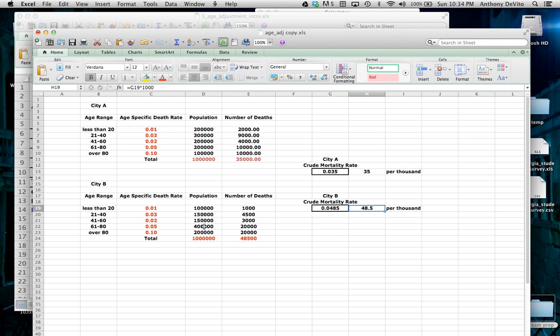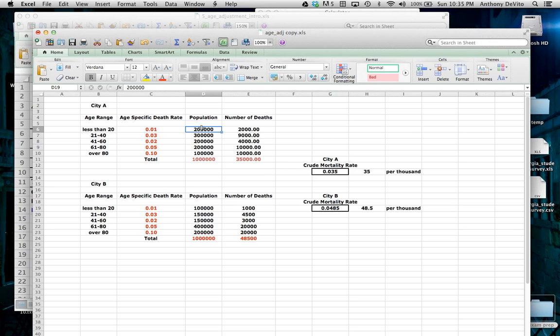Well, look at this. If I look at the distribution of this population, there are 200,000 people that are less than 20. There's only 100,000 less than 20 here. There are 200,000 people that are 61 to 80 here, and 400,000 in that age group there. So even though the population is the same overall, the distribution of the population is different.